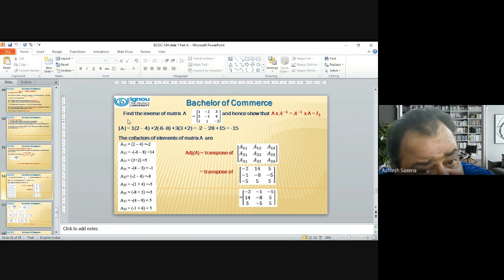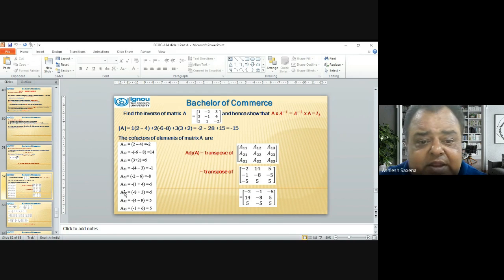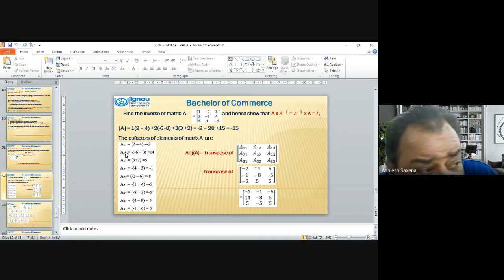You can see over here that where the sum of the row and column numbers is odd, a minus sign has been placed. For A12, 1 plus 2 is 3, and 3 is an odd number, so we have straight away put a minus sign. Alternately, again this minus 1, and again 2 plus 3 is 5, and 3 plus 2 is 5.